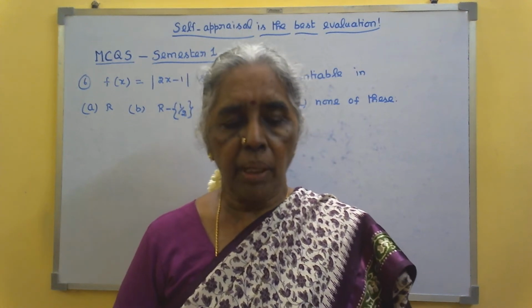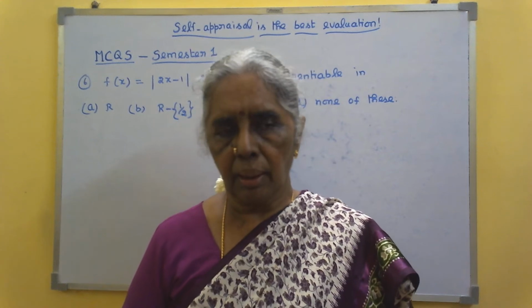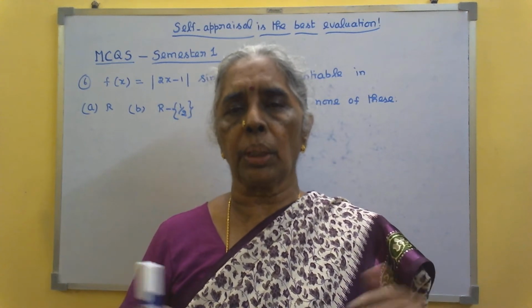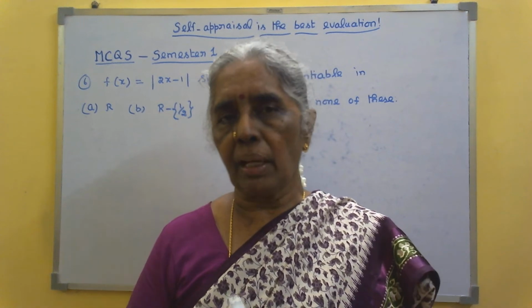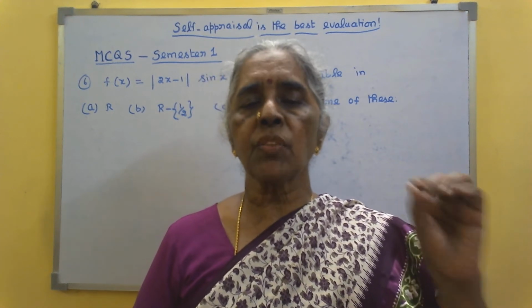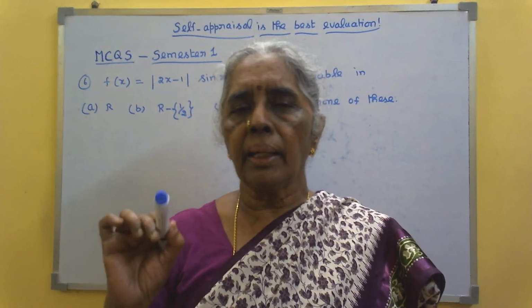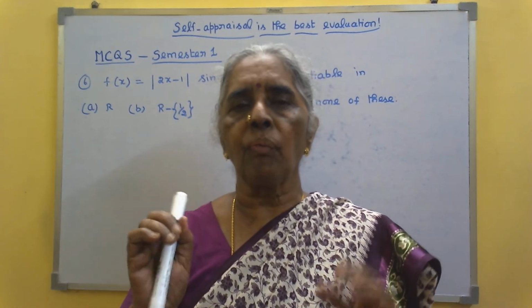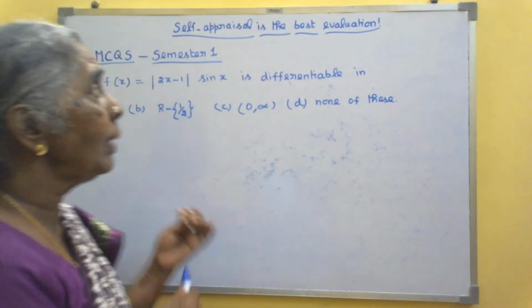At the same time, if it is continuous, we cannot say whether it is differentiable or not. And certain functions, you know the concepts, like sine function is differentiable everywhere. A modulus function is differentiable except in that particular x value when you equate whatever is inside the modulus to 0.